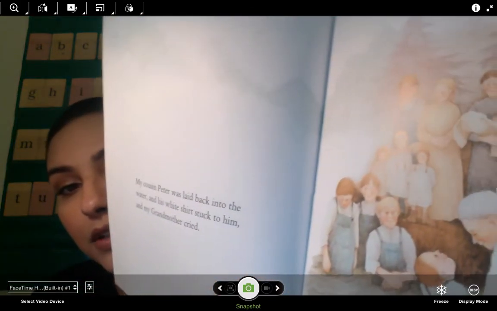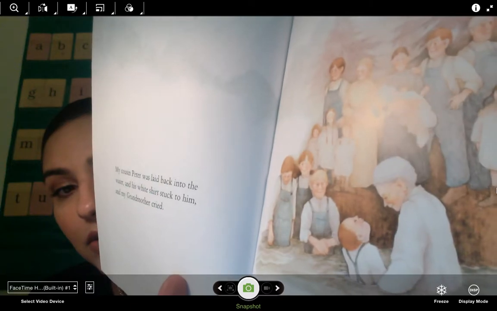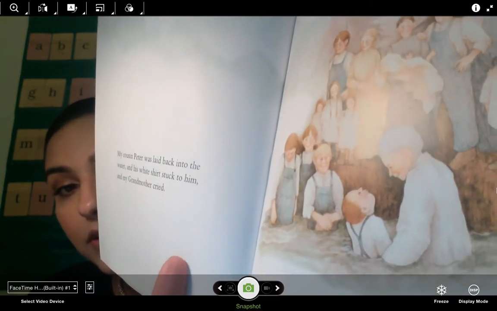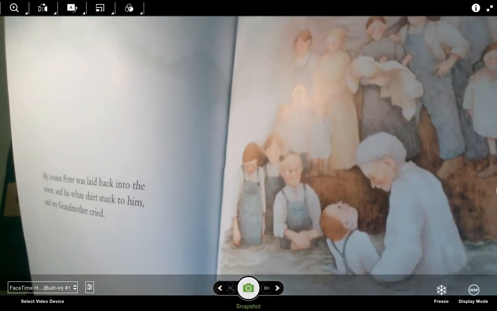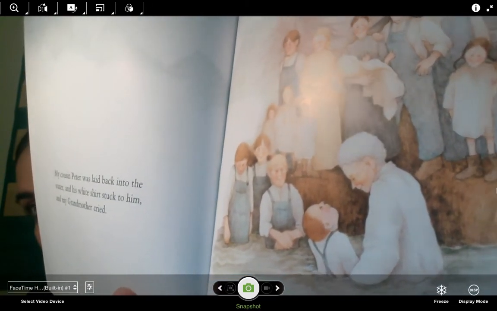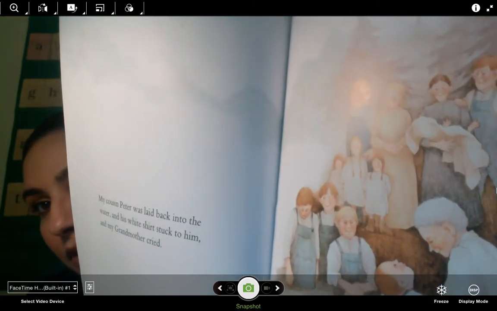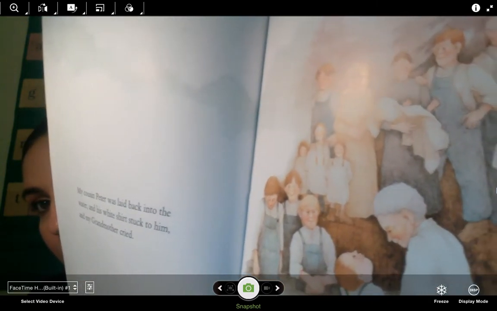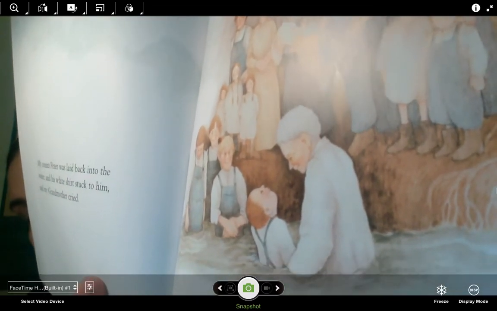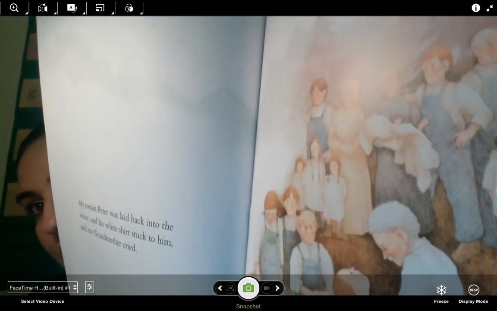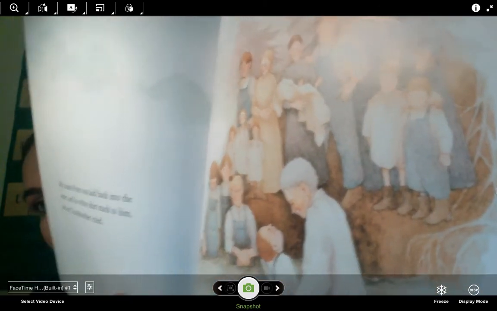My cousin Peter was laid back into the water and a white shirt stuck to him, and my grandmother cried. Now, we had discussed before what this meant, and we'd said that even though in the words they said grandmother was crying, sometimes you can cry when you're happy, and you can see in all their faces that they're smiling.